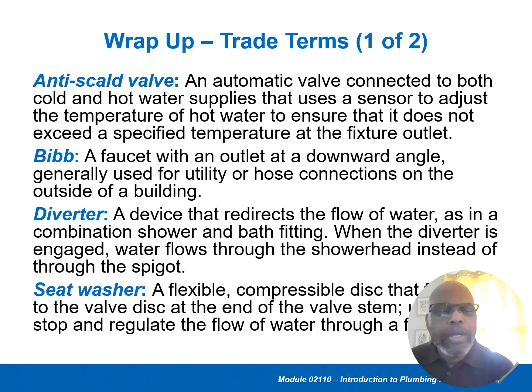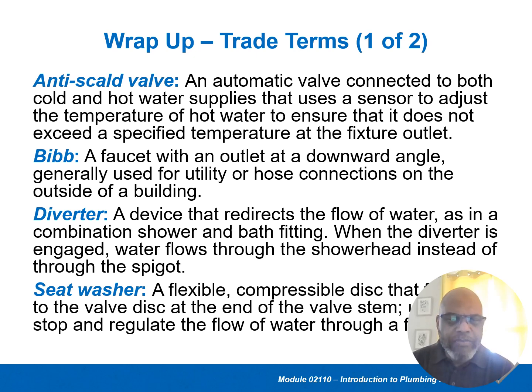Alrighty, we talked about the anti-scald valve. It is an automatic valve connected to both the cold and hot water supplies that uses a sensor to adjust the temperature of hot water to ensure that it does not exceed the specific temperature that the fixture is designed to operate at.